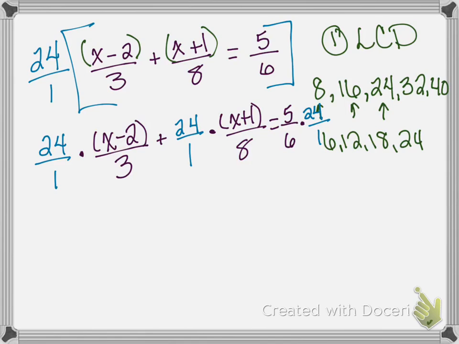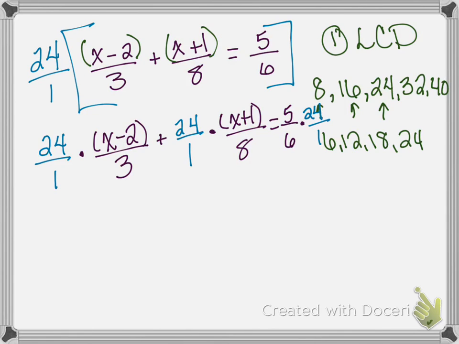The blue is the 24 over 1 that we are multiplying each term by. The purple is our original problem: (x minus 2) over 3, (x plus 1) over 8, and 5 over 6. Those are part of our original problem.